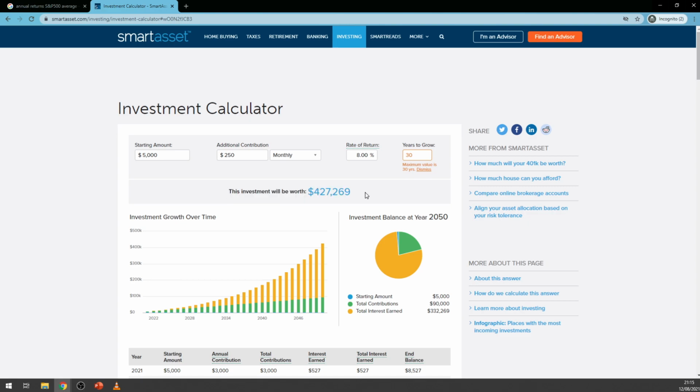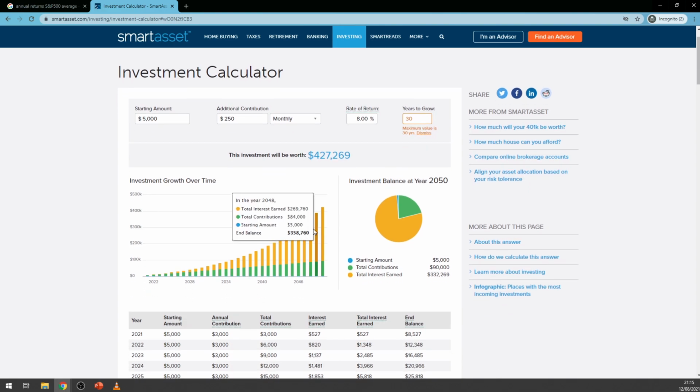That's a lot of money. Our portfolio will be worth around $427,000. And also here you can see the big difference in our contribution versus the interest earned. So we've invested, as you can see right there, total contributions of around $90,000, but we've earned $332,000. So that's a big difference in the money that we've invested versus the money that we get out of the market.